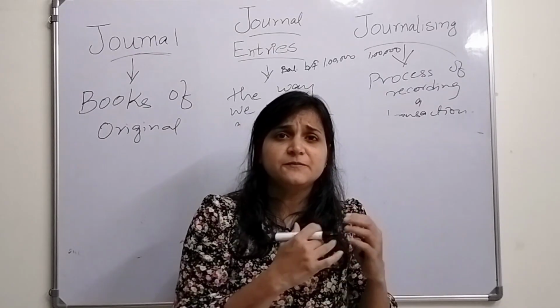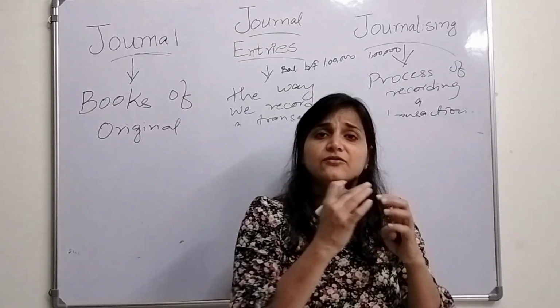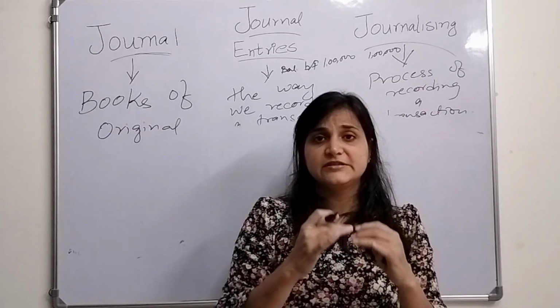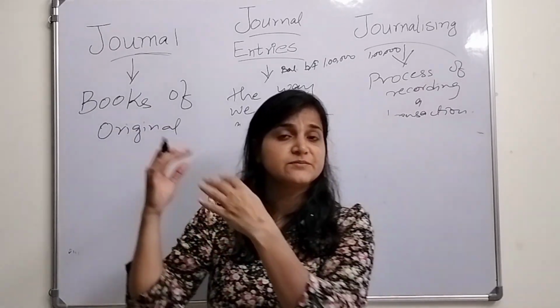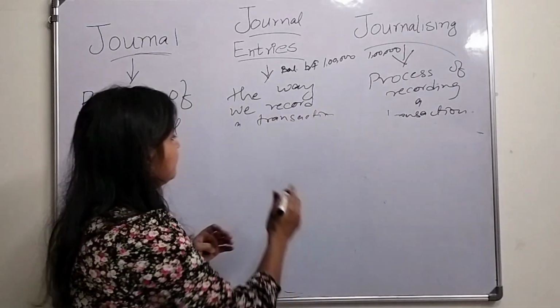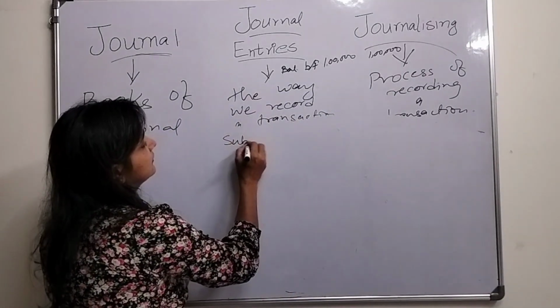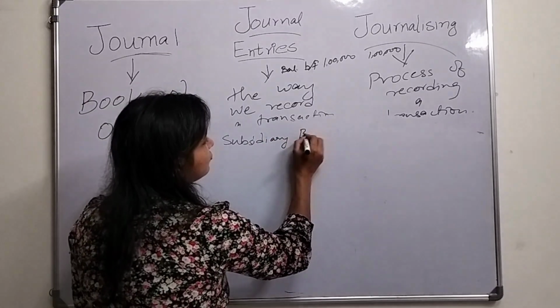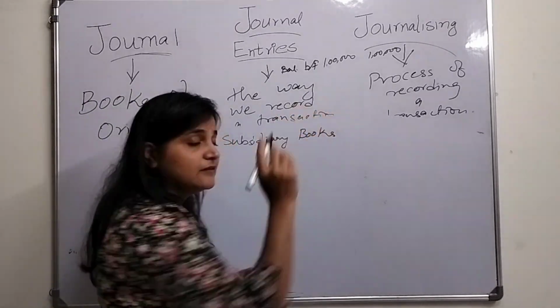So numerous purchases are happening. So instead of passing the journal entry of purchases or purchase return, there are subsidiary books. A large organization keeps subsidiary books.